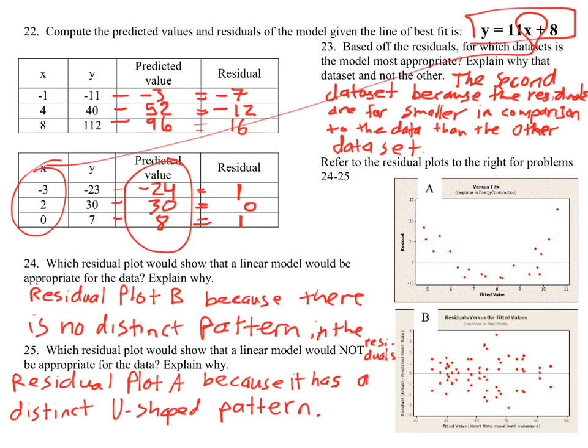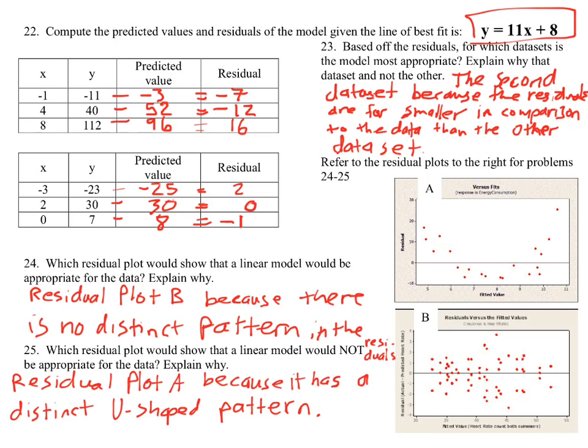You plug in -3, 2, and 0 for x, and then add 8, and you'll get these predicted values. You then subtract them from the actual values, and you get these residuals of 1, 0, and then, oh, this should be -1. Sorry, I messed up on this predicted value. It's -25. Anyway, you get 2 for your residual for that.